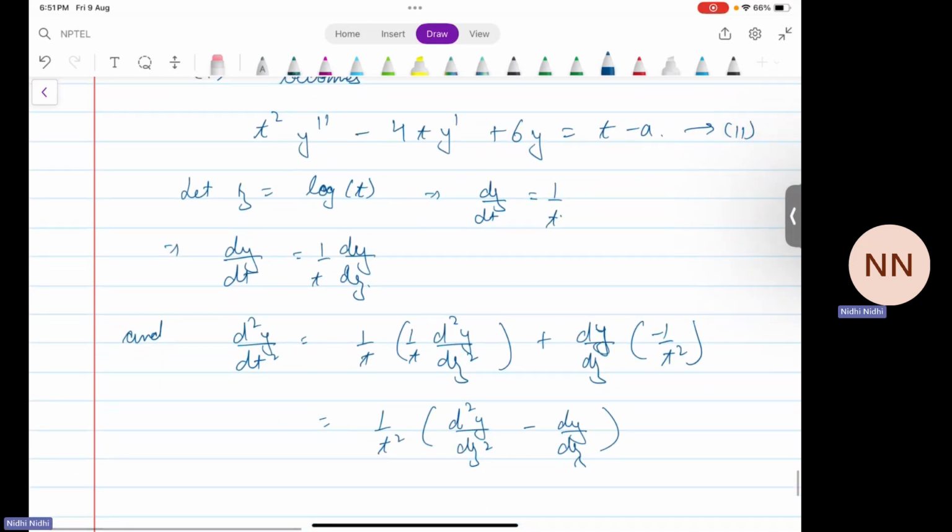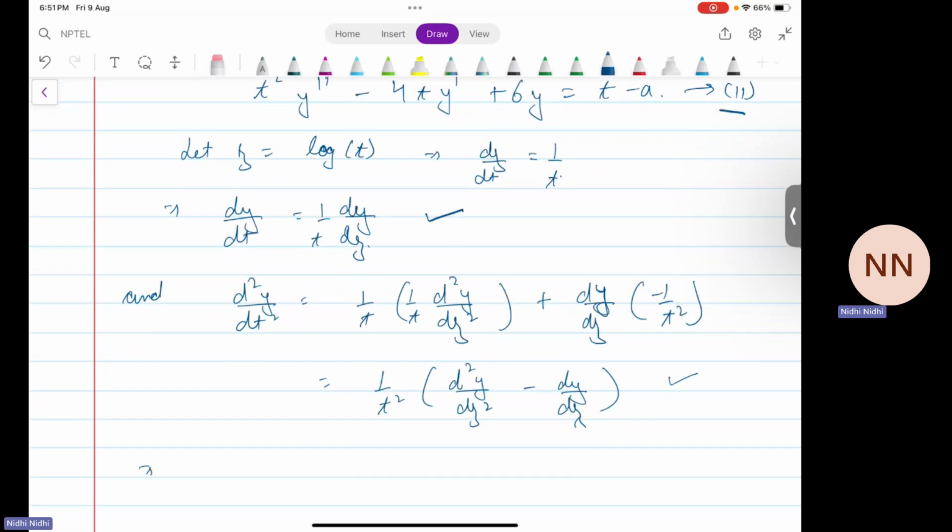Now putting the values of dy/dt and d²y/dt² in equation 2, we get t² and t² gets cancelled out, y'' − y' − 4t and t gets cancelled out, y' + 6y is equal to, now what was t? t was e to the power z, minus a.